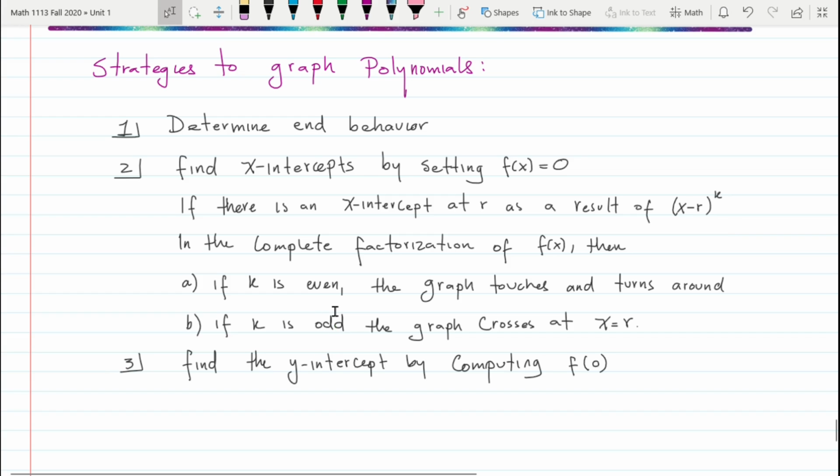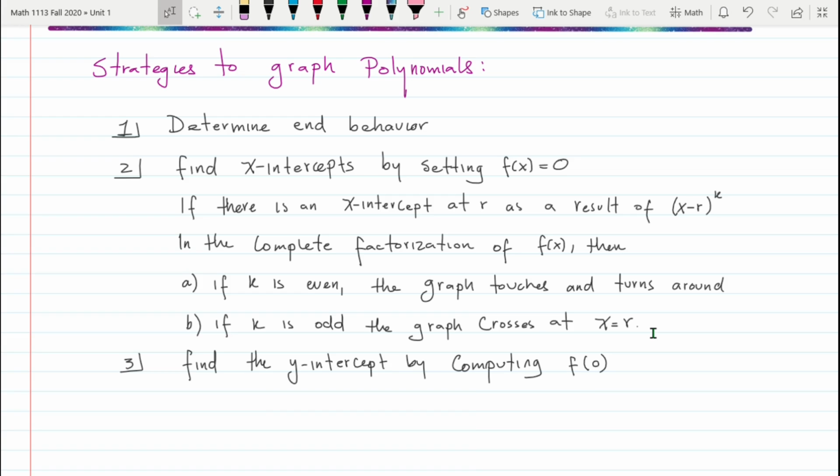And that's going to help you determine if the power is even, then the graph touches and turns around at the value r, and if k is odd, then the graph crosses at x equals r, like we just showed in the previous example.